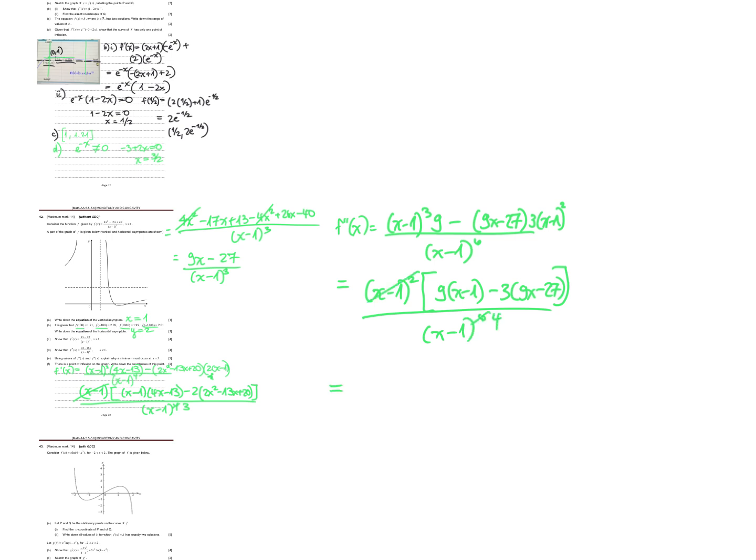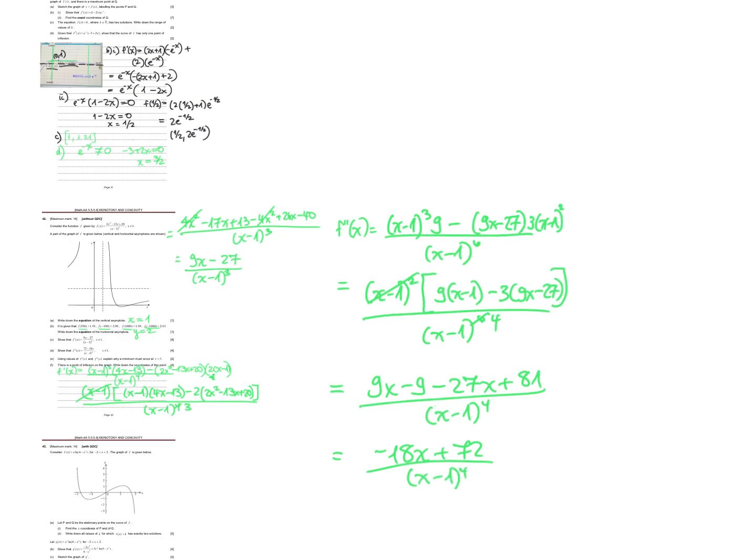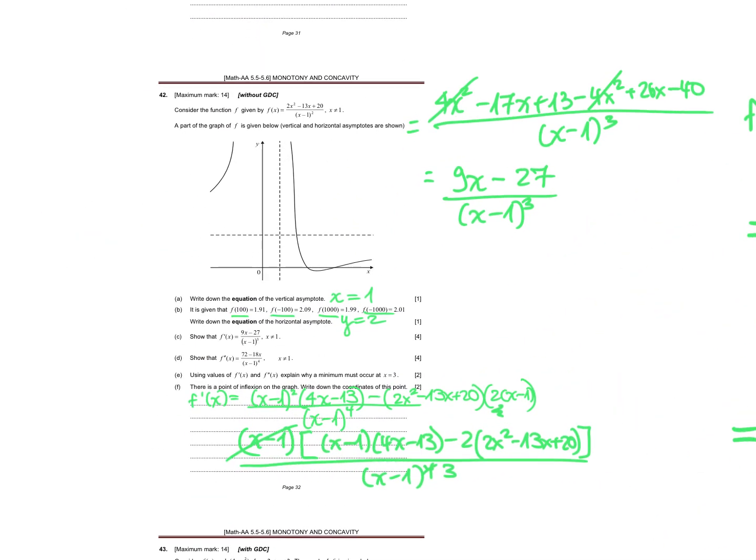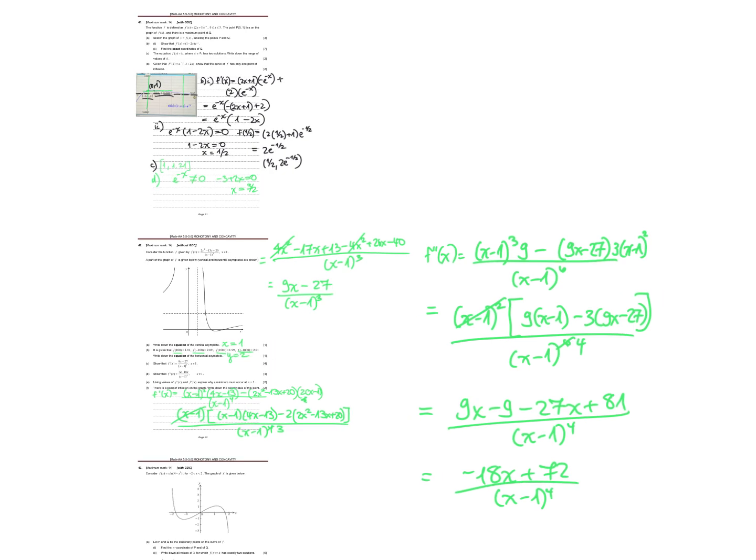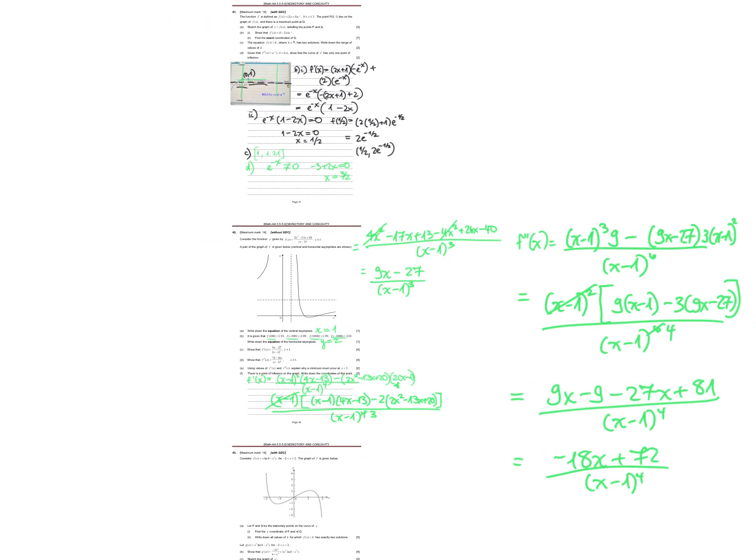So if we distribute this, we're going to have 9x − 9 − 27x + 81 over (x − 1) to the 4th. So that's going to be −18x + 72 over (x − 1) to the 4th. So that is what we got, (72 − 18x) over (x − 1) to the 4th.